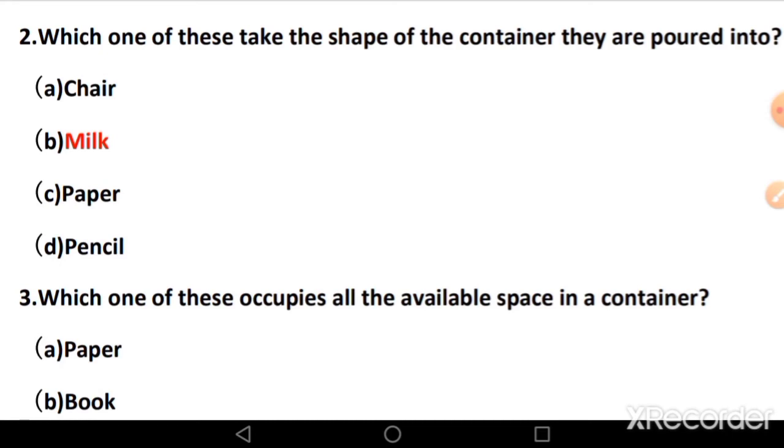They do not take the shape of the container they are poured into. But option B, which is milk, is an example of liquids, and liquids can take the shape of the container they are poured into. As they do not have fixed shape, and as particles are not very closely packed, they take the shape of the container they are poured into.